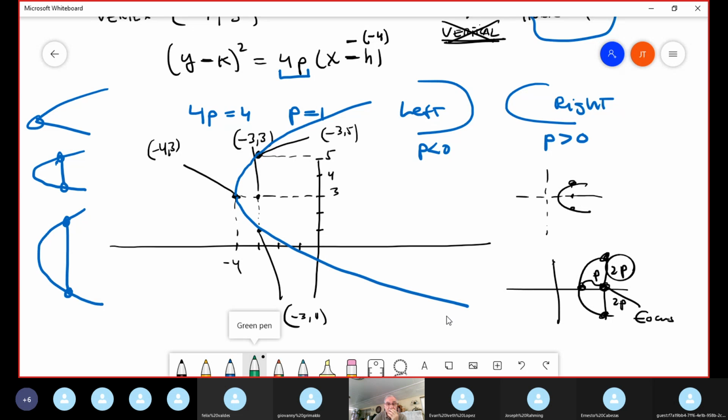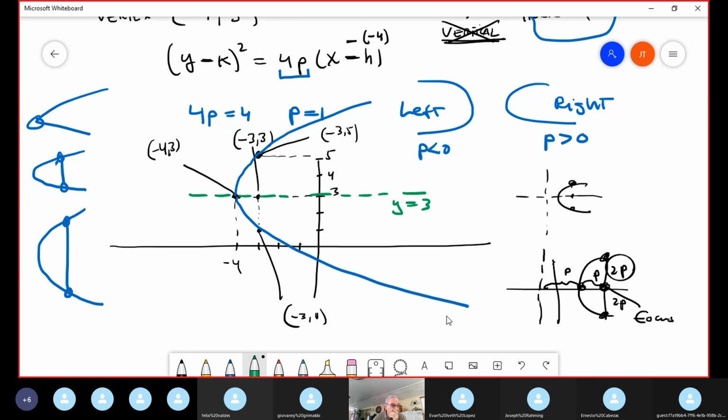Well, we need the axial symmetry. Axial symmetry, by the way, is the horizontal line y = 3. And the directrix. Directrix is exactly the same, p distance in the opposite direction. And the directrix in this case is a vertical line, at the distance p equal 1.